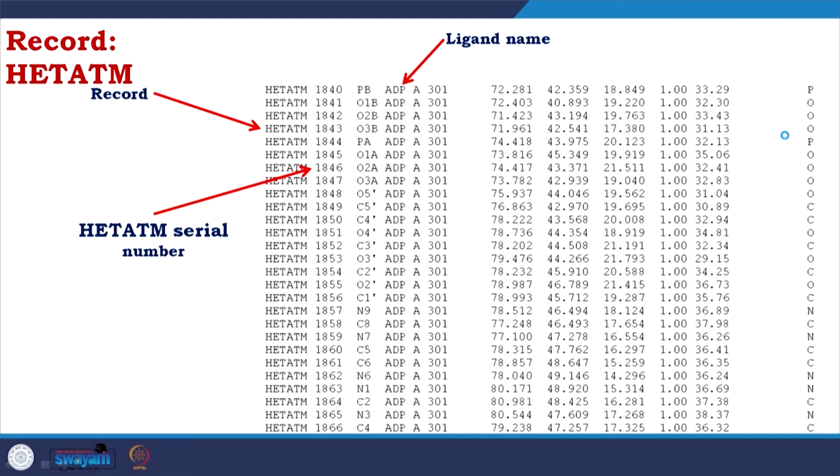First, tell me why we need atom and heteroatom. So, when you get here, you get the atom, you get heteroatom. What is the difference? Very, very significant.